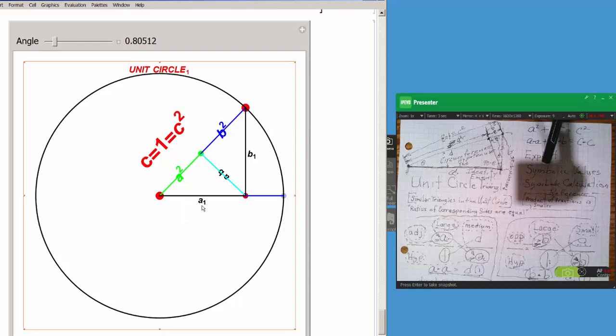And I represent that the quantity A here is to the first power and the quantity A here is to the second power. So these symbolic values work in a very neat way. It not only serves as a label for a line segment, but at the same time it references the mathematical relationship between these two line segments.